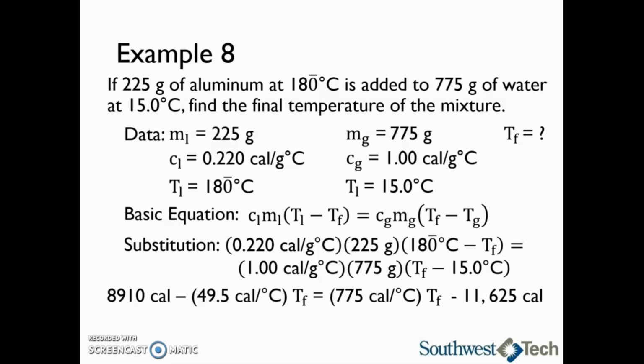Simplifying further by getting all of the terms with T sub F to one side of the equation, we have 20,535 calories is equal to 824.5 calories per degree Celsius times T sub F. This gives us a final temperature of the mixture of 24.9 degrees Celsius. Again, we see that water barely changes temperature, while the aluminum's temperature changes quite a bit. This concludes our discussion on thermodynamic equilibrium.